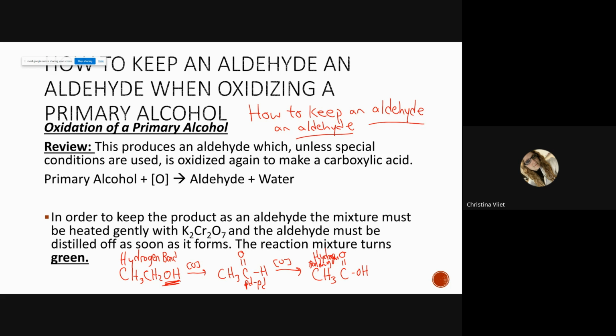Permanent dipole. Right. So here's the idea. If you pick a temperature that is greater than the intermolecular force here, but weaker than the intermolecular force here, kind of like a Goldilocks temperature, you can distill out the aldehyde. So what does distill mean?